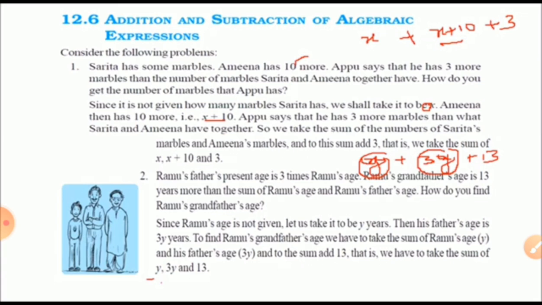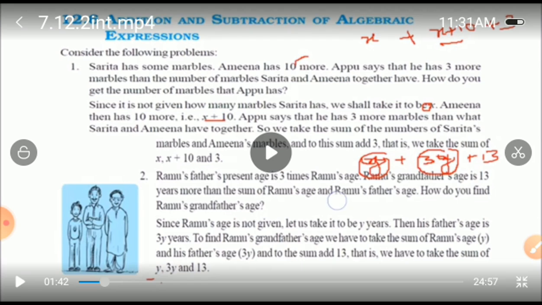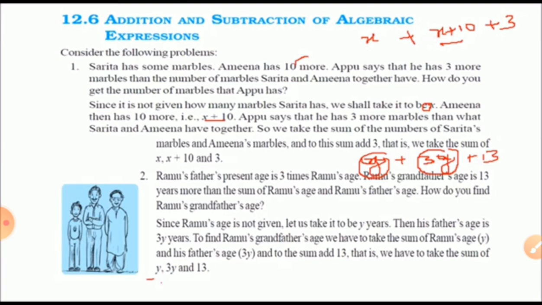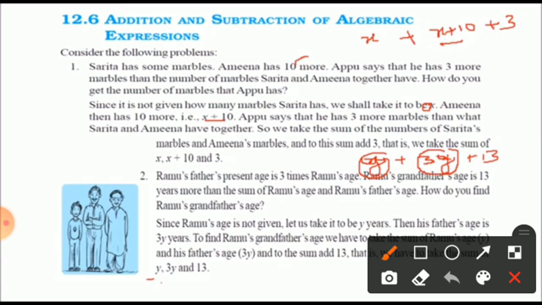Now, how do you find Ramu's grandfather's age? Since Ramu's age is not given, take it to be y years, then his father's age is 3y years. To find Ramu's grandfather's age, we have to take the sum of Ramu's age y and his father's age 3y, and add 13 more. So y, 3y and 13. What is the answer?